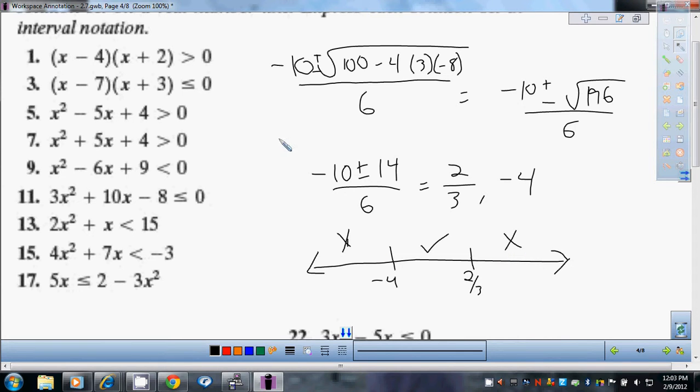So your answer would be negative 4 to 2/3 only, brackets or parentheses? Brackets. It had an equal sign. And see if it's true. That's right. 17 is not less than 0, so it's false.